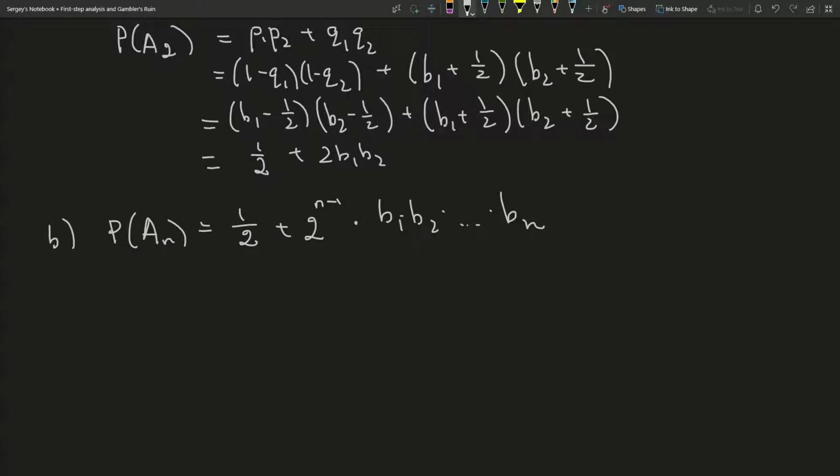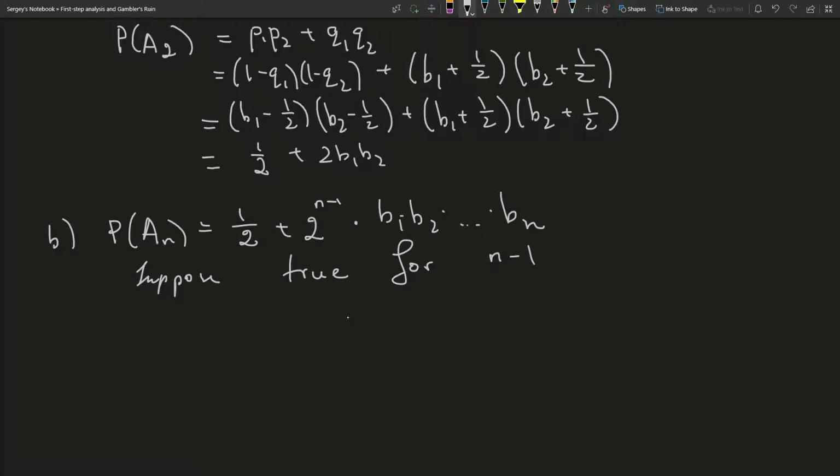So now by induction we can suppose it is true for n minus 1. We're going to suppose the statement is true for n minus 1, and we need to prove that the statement is true for n.